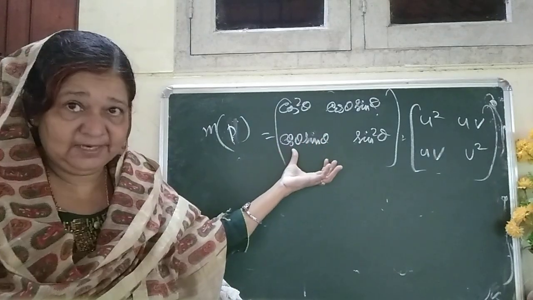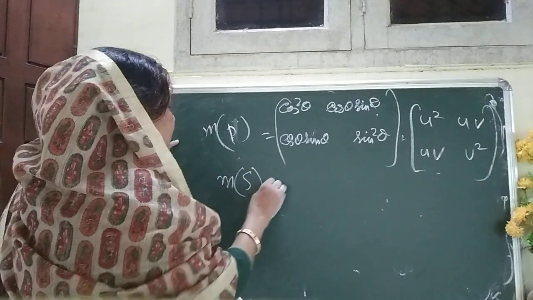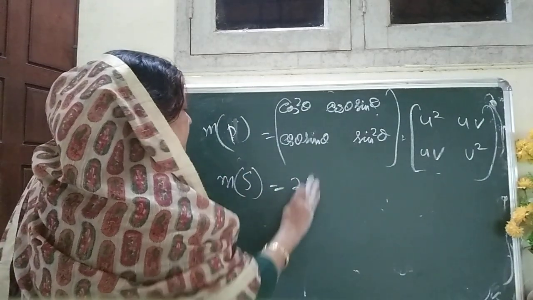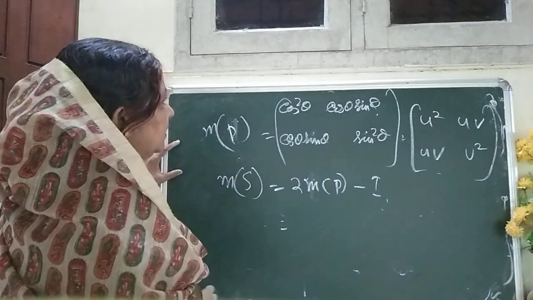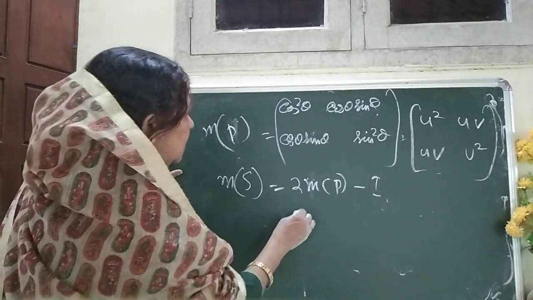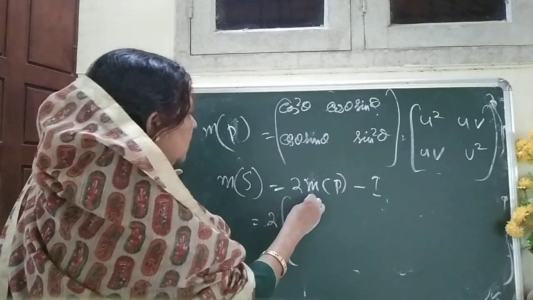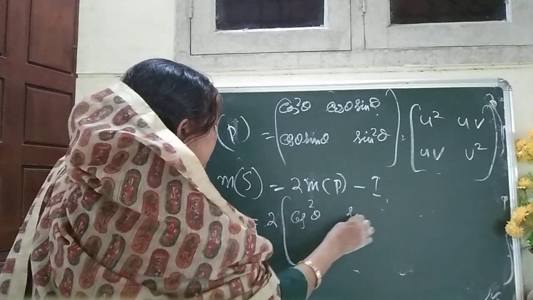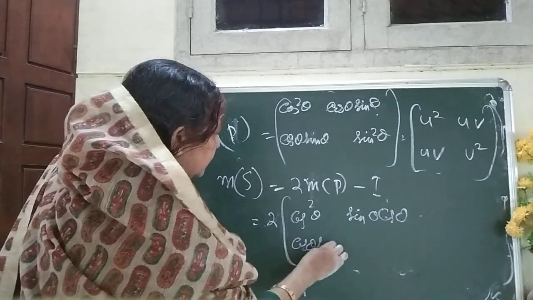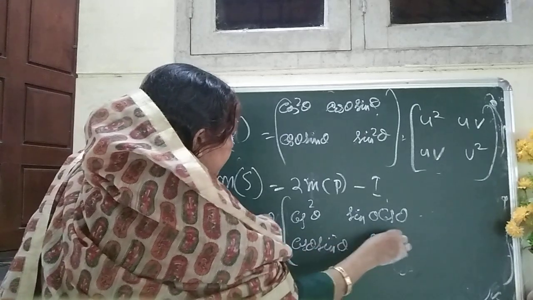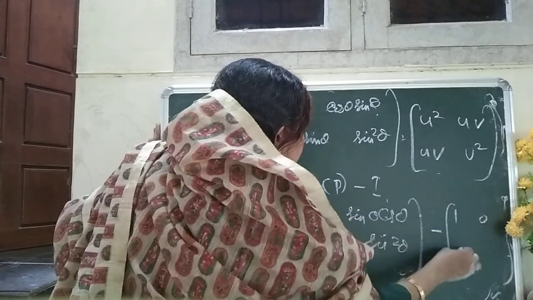By means of this matrix, we can find the matrix for S also. The matrix for S is 2 times the matrix of P minus the identity matrix, that is 1, 0, 0, 1.